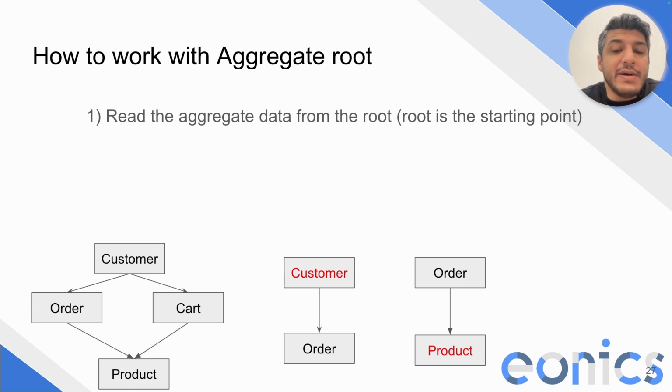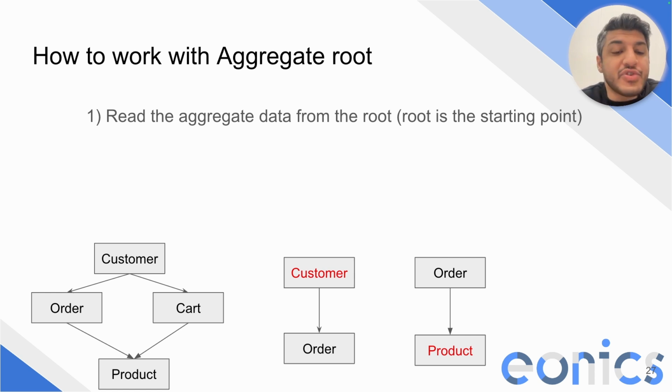But since the flow of the data, the upstream to the downstream, would be customer to product, if we have the customer as the aggregate root, we can have more operations done in the aggregate root rather than in the scenario on the right where the product is the aggregate root, because the product is the downstream in this case.